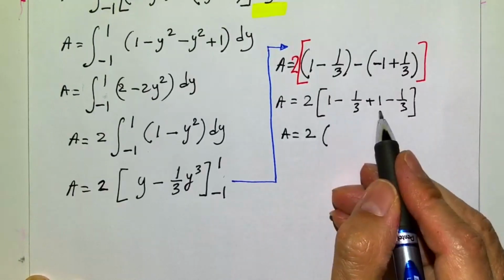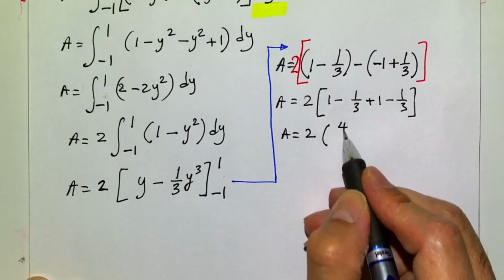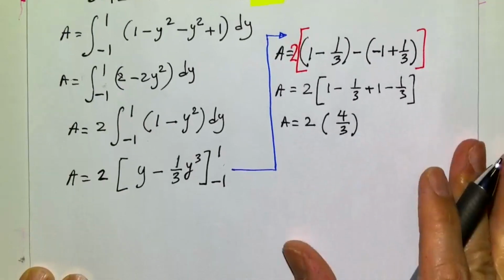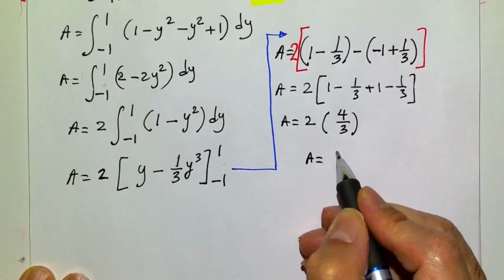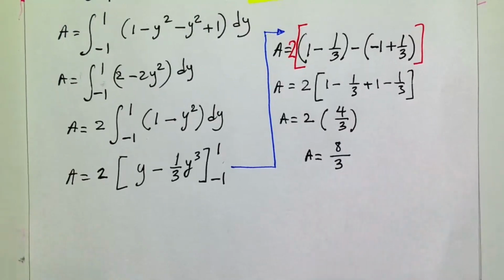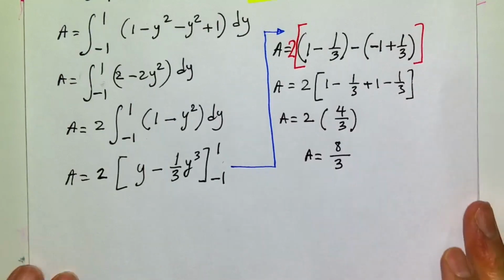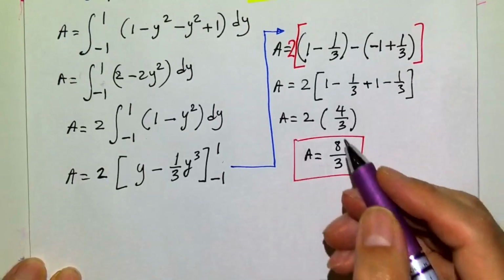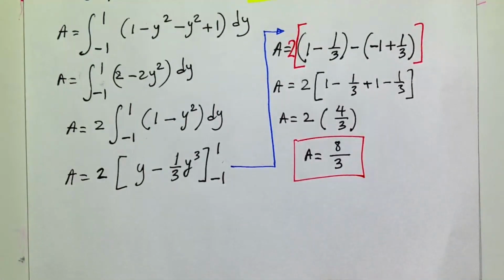If we add all of this, we get 4/3, and then A equals 8/3. So that's the area of that region.